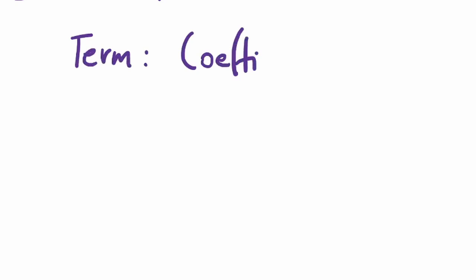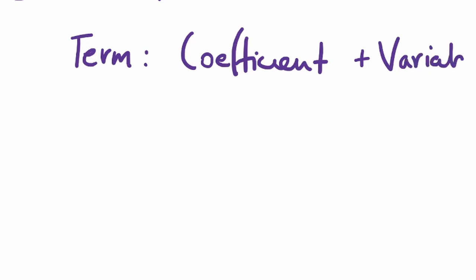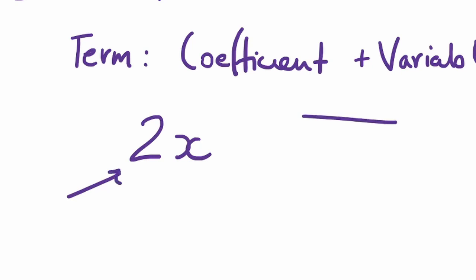We have a term, which consists of a coefficient and a variable. One of my favorites I like to use is just simply 2x. Quite simple, everyone knows their 2 times tables. So what this actually stands for is 2 lots of whatever x is, right?